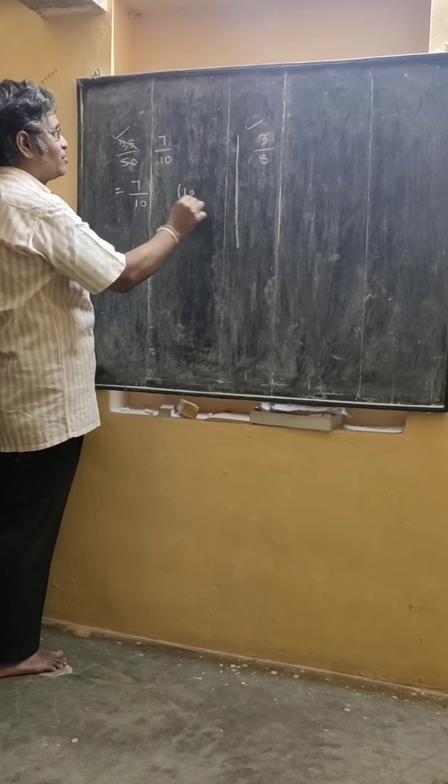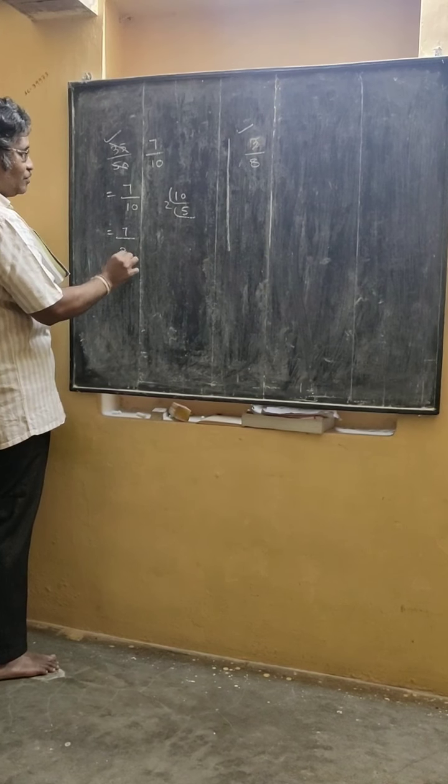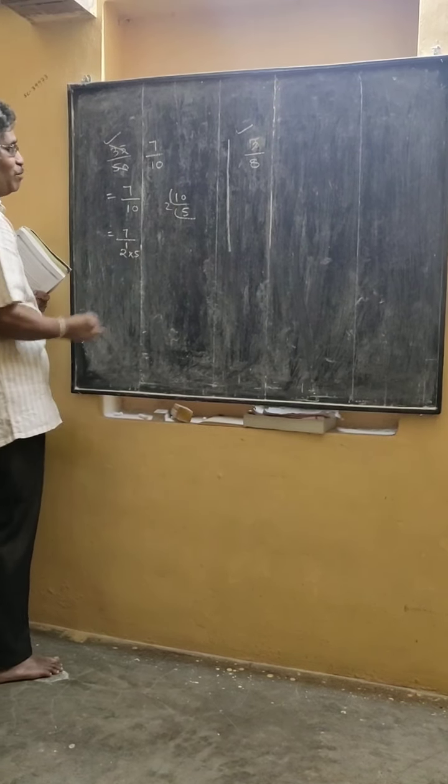How can you factorize 10? 10 is 2 into 5, so 7 by 2 power 1 into 5 power 1.